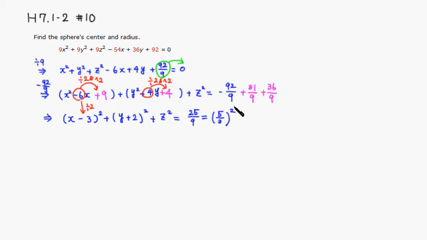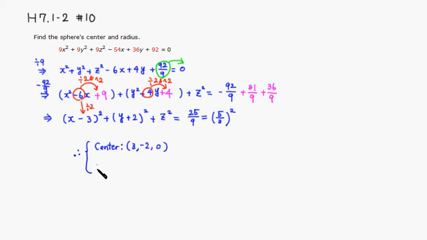So you can see that here, therefore, the center is going to be 3, -2, and 0.